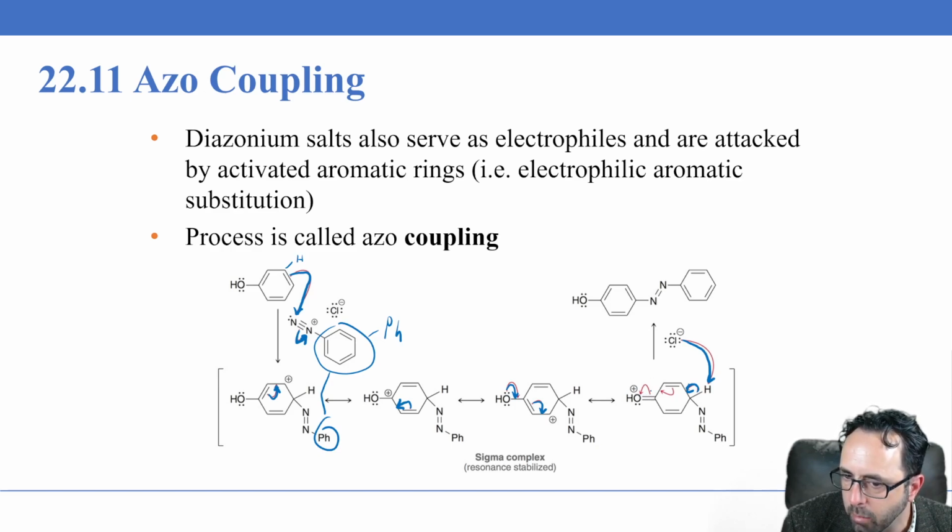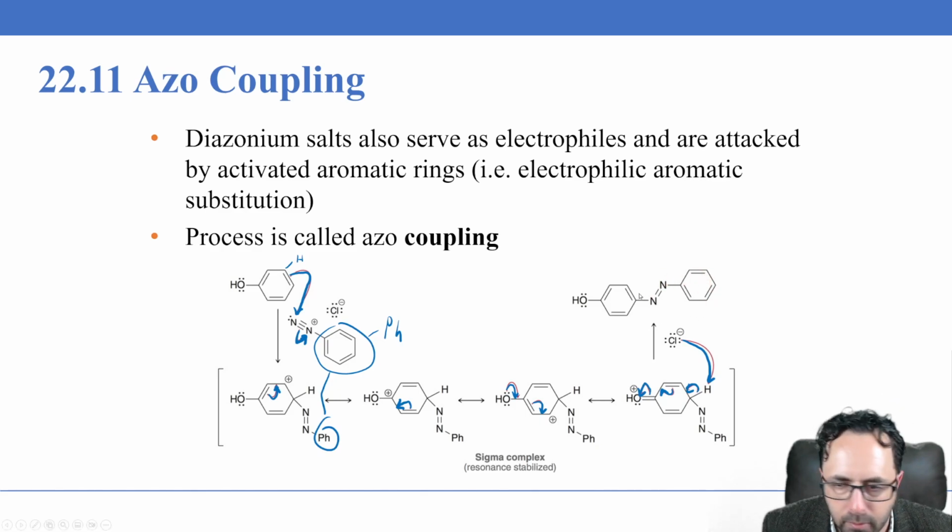So this is a pi bond between 2 atoms of differing electronegativity. So we can draw this resonance arrow, which puts a positive formal charge right here. And then we can correct that by having the double bond here, which puts a positive formal charge here. But when we remove the proton, we get this aromatic ring back, and we've produced this azo coupling.